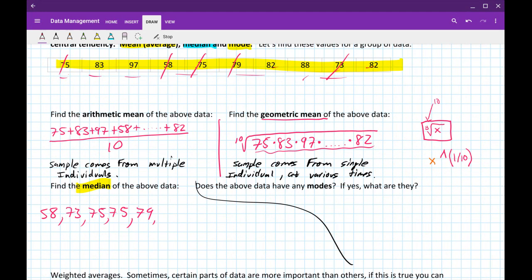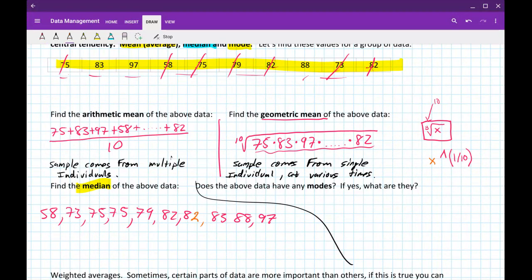Looks like we've got a couple of 82s, two of them. Then we've got an 83, an 88, and a 97. I counted 1, 2, 3, 4, 5, 6, 7, 8, 9, 10 just to make sure I got all of those.